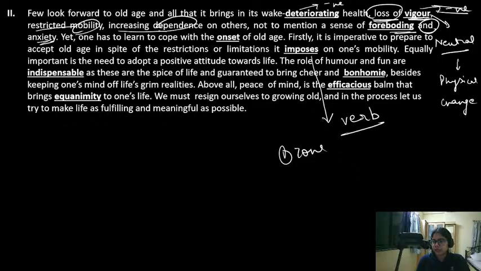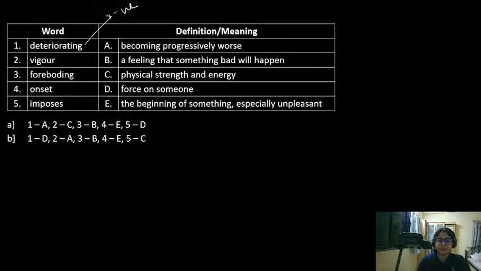So vigor therefore has to do with a physical change. ठीक है, मुझे इधर टोन हेल्प नहीं किया, बट हाँ, दो वर्ड्स आगे के और दो वर्ड्स पीछे के, वो हेल्प जरूर किया. ठीक है, physical change. So let us quickly check. Deteriorating is also again very easy to tell a verb.